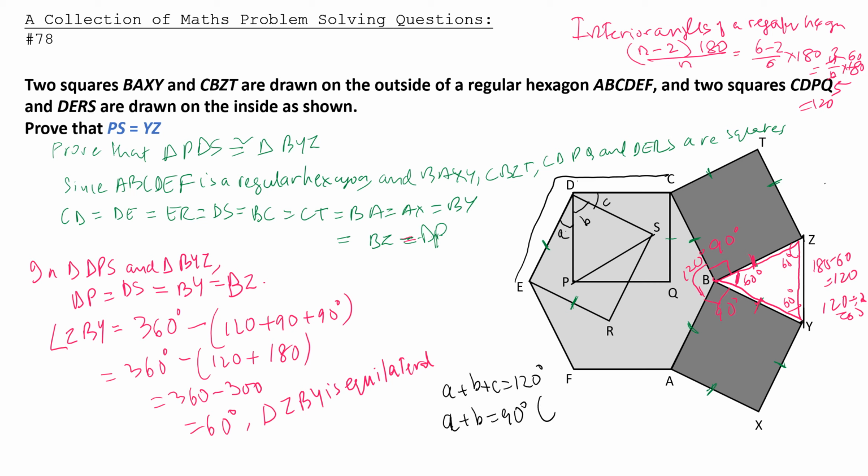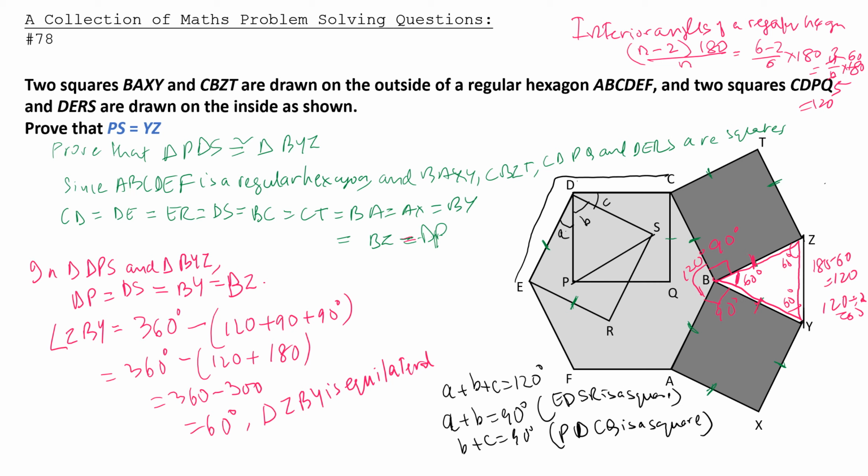The reason is EDSR is a square, and also B plus C is 90 degrees because PDCQ is a square.